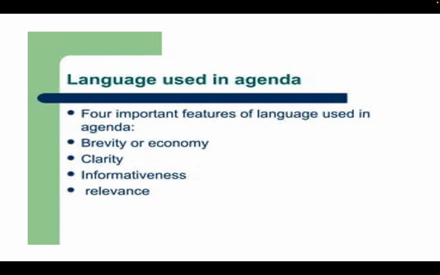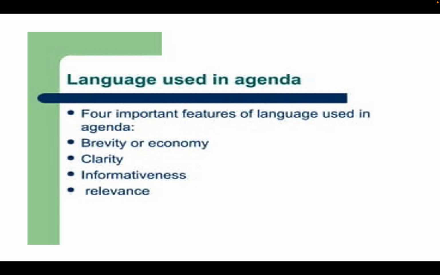For example, salary revision, not in a detailed way. We will discuss whether the employees' salary should be increased: it should not be written that way, but instead it should be written as salary revision. We should use mostly noun phrases and not full sentences.